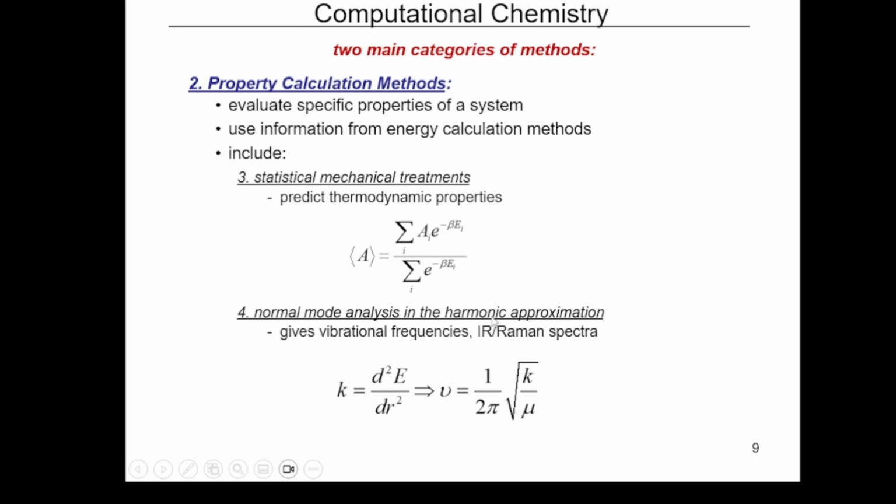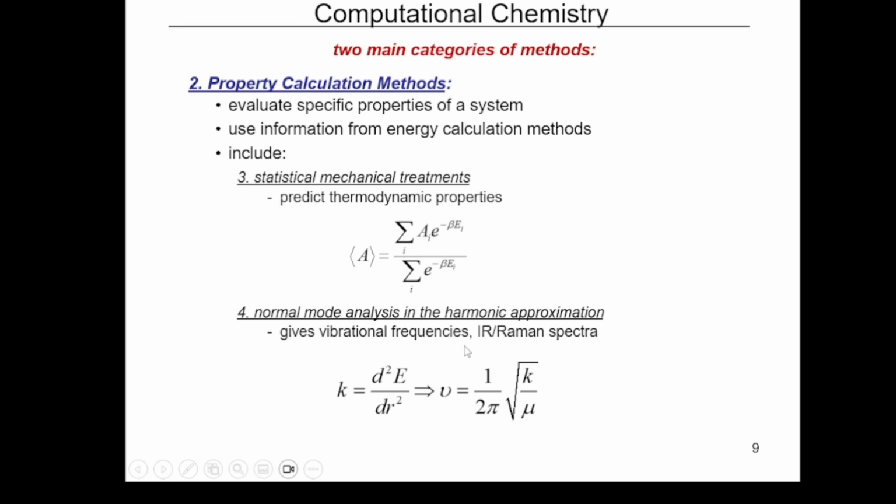In property calculation, we can also evaluate the specific property of a system. It uses information from energy calculation methods, and this can include statistical mechanical treatment, which we are going to see when we talk about thermodynamic properties. And we can also talk about normal mode analysis in the harmonic approximation. When we talk about normal mode analysis, it means we are talking about the vibrational spectrum of a system.